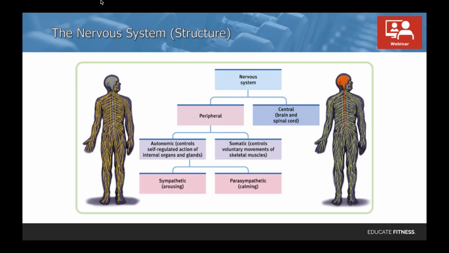The sympathetic nervous system kicks in, is predominant when it needs to excite or bring action to the body. That's why it gives an arousing effect. The parasympathetic nervous system is more so for resting and digesting, therefore bringing a more calming sensation to the body. Okay, let's move on.